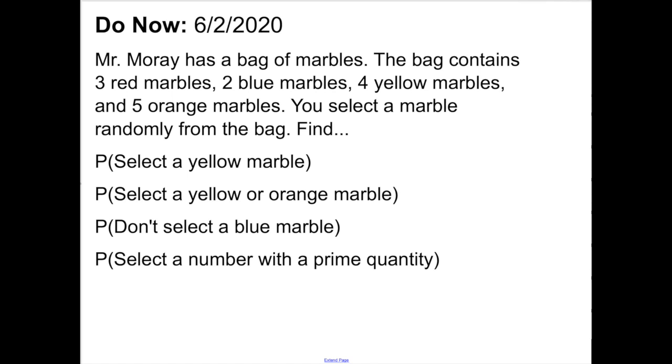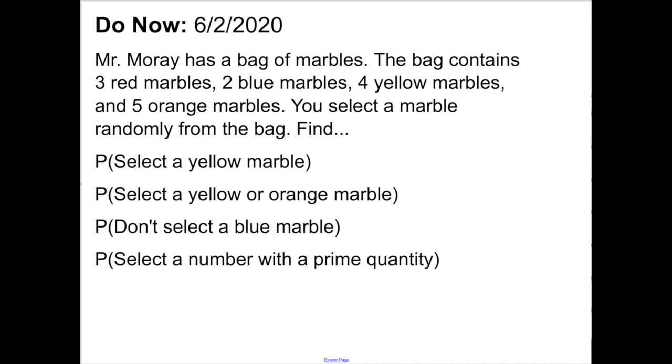Find the probability that you select a yellow marble, the probability that you select either a yellow or an orange marble, the probability that you don't select a blue marble, and the probability that you select a marble that has a prime quantity, meaning the number of them in the bag currently is a prime number.